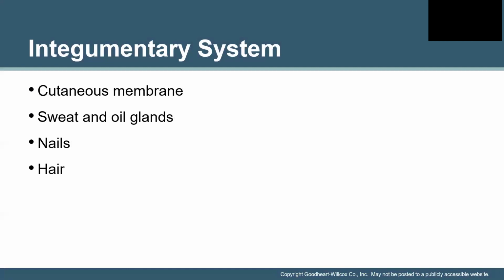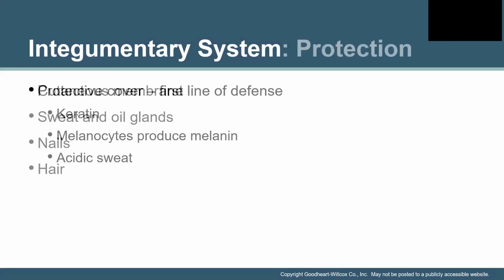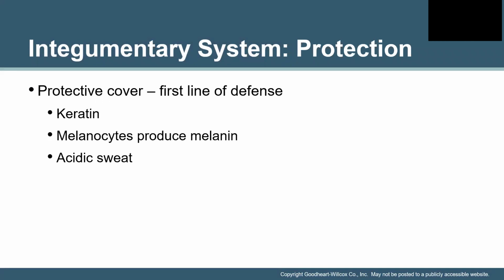Also within the integument, we have accessory structures of nails and hair. The integumentary system primarily has the function of protection. It is a protective cover of view. It is the first line of defense, comprised heavily of a substance called keratin.